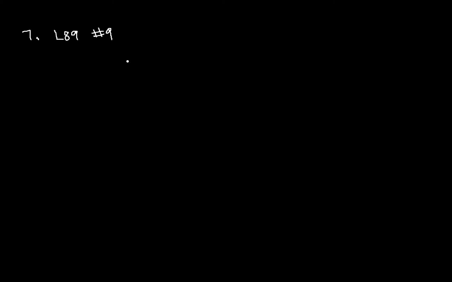Lesson 89.9. Actually, that's a typo. It should be lesson 88.9. I need to go fix that. Lesson 88, number 9. All right. Lesson 88, number 9 is solved by factoring.